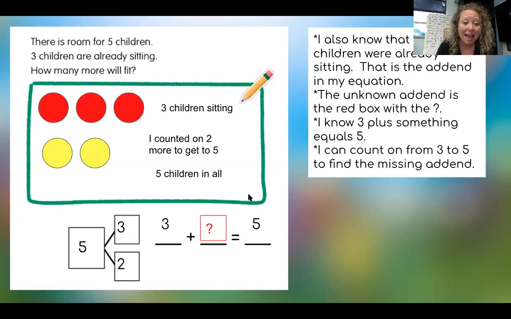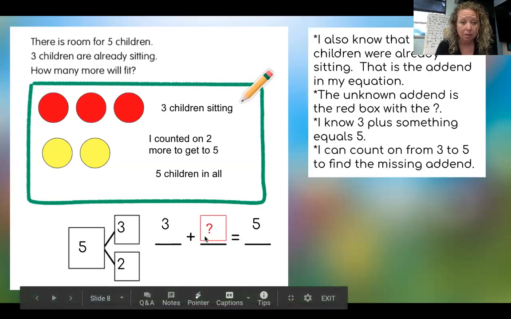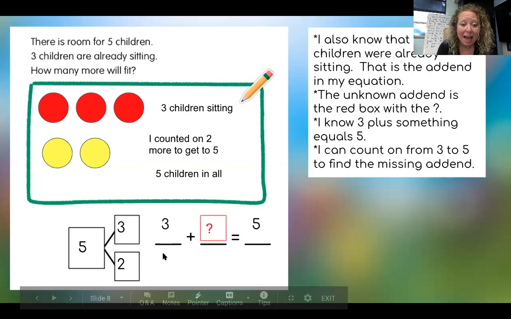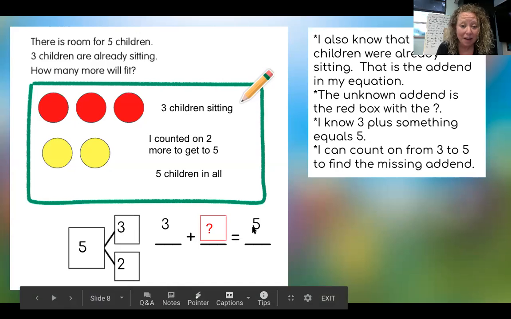I can add that add-in to my equation. So let's read the equation now. It says 3 plus blank equals 5. All that information was given to us in our story problem. I can count on from 3 to 5 to find this missing add-in.